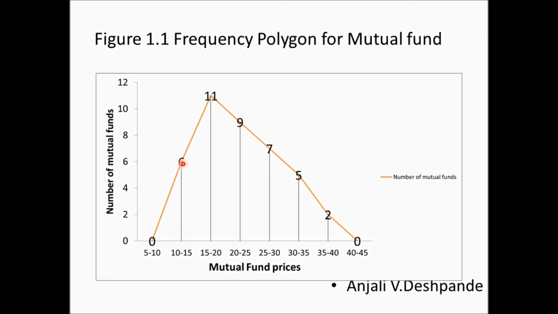Above that you just plot the point corresponding to the frequency. For this case the frequency was 6, so here we have written 6. Likewise, you can go on plotting all the points and then once again draw a straight line connecting all these points, and that will give you the frequency polygon. So histogram is not compulsory in order to draw the frequency polygon.